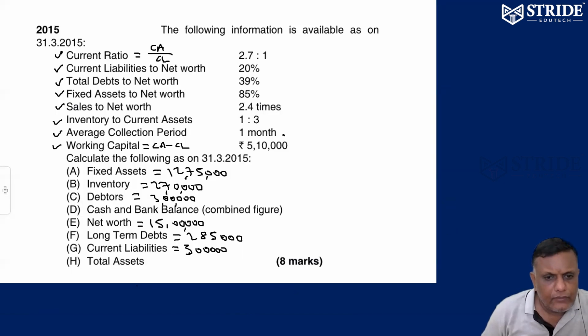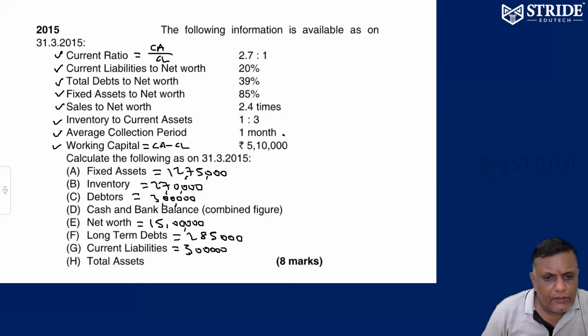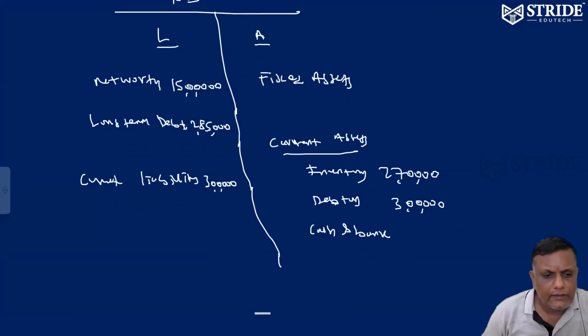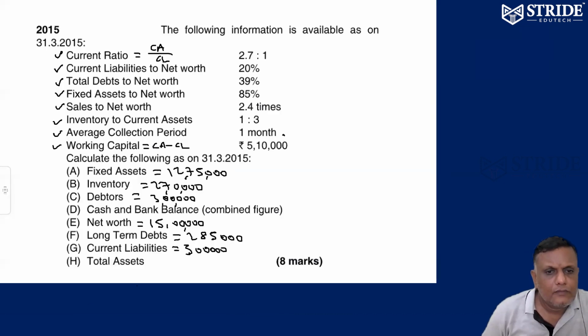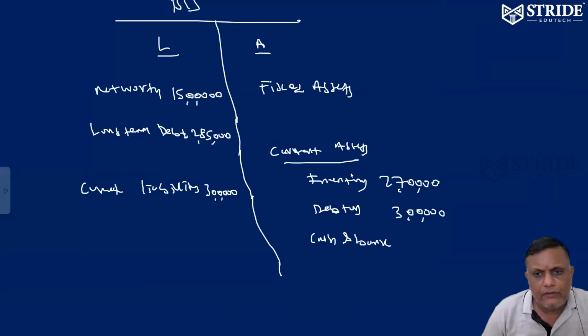Long-term debt 2,85,000. Current liability 3 lakhs. Fixed asset 12,75,000. That's it.